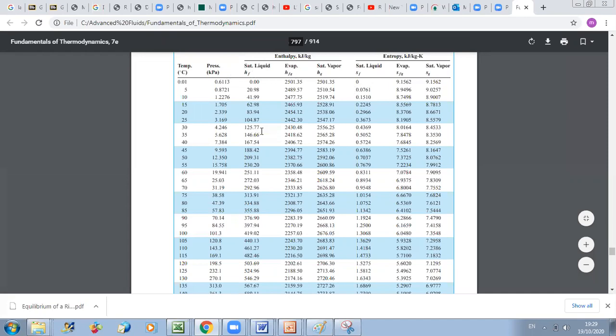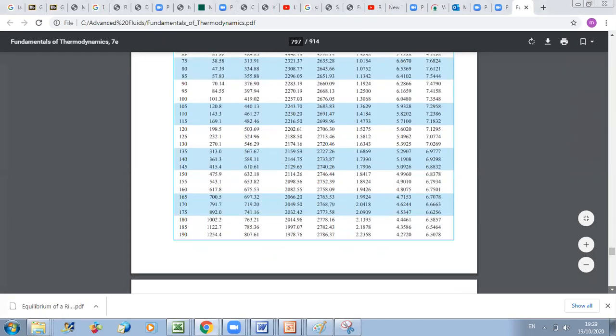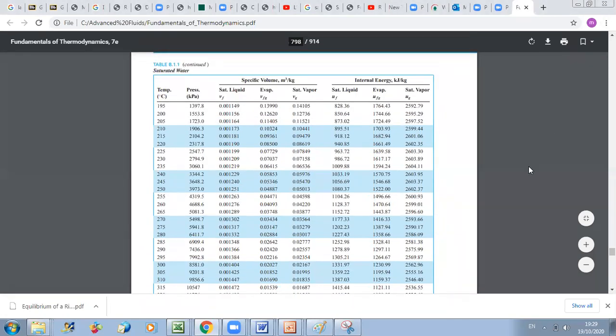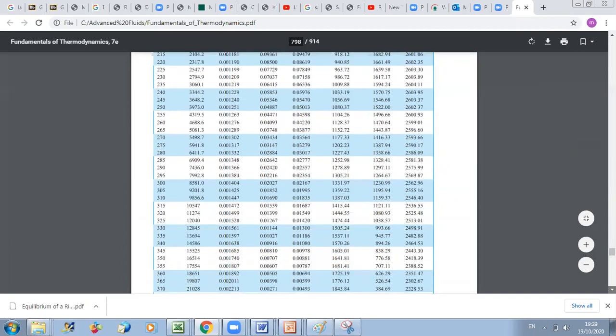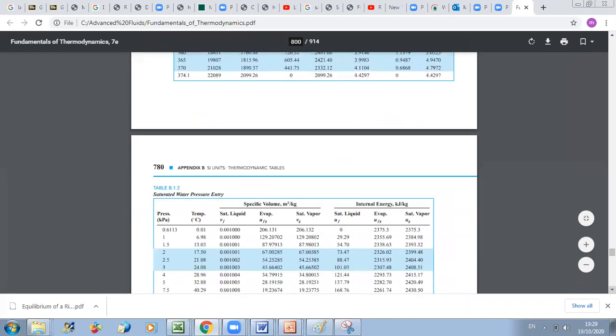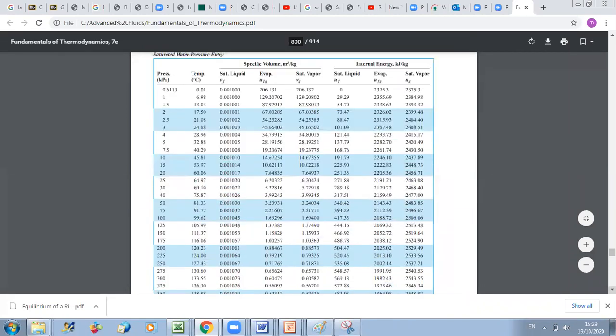And so it depends on the input you want. If you want internal energy, you will use the previous table. If you want the enthalpy, you will use this table. Okay, so here you have, as we said, different temperatures; these tables cover a wide range of temperatures. This is why you have a lot of tables.